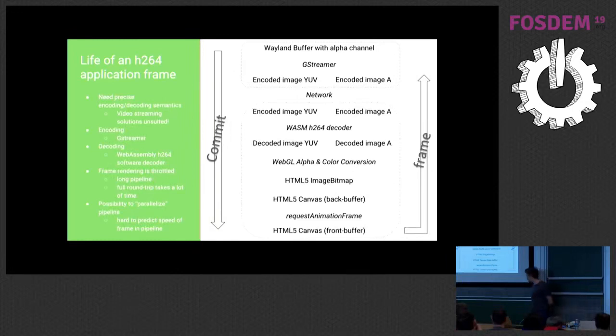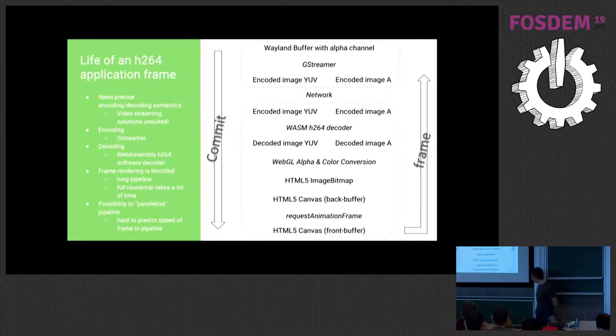So the image is copied to your HTML5 canvas back buffer. A callback is registered in the browser to wait for vsync, which is the request animation frame. Once that fires, the canvases are swapped and you have your final and complete picture in front.